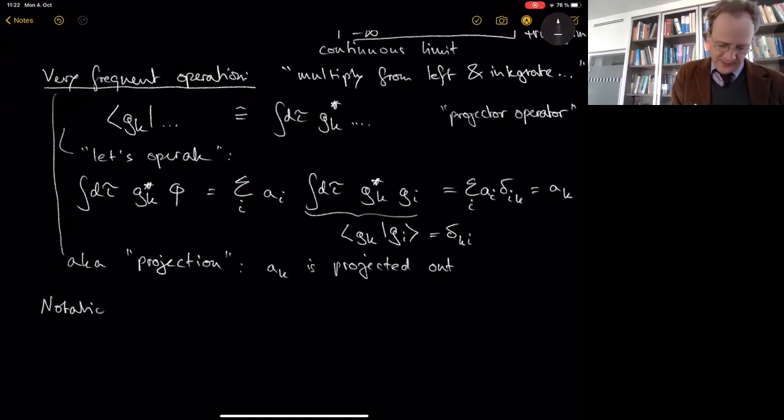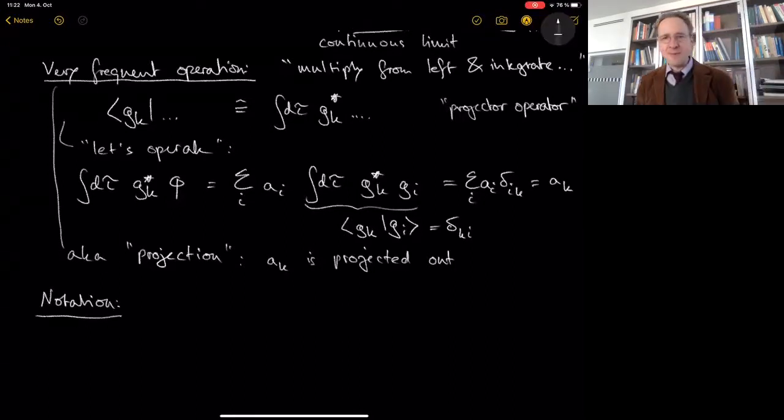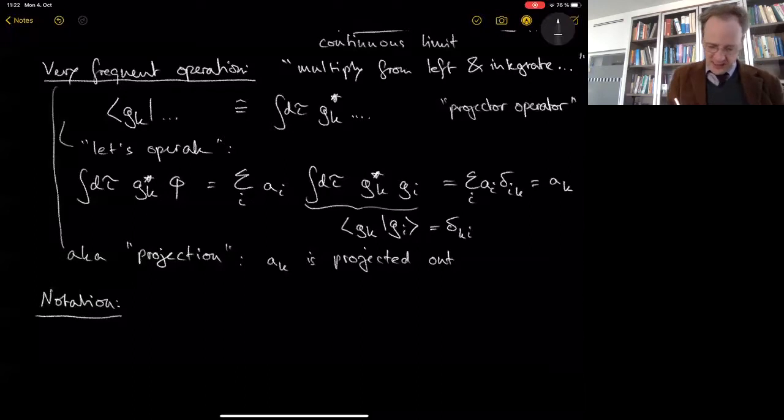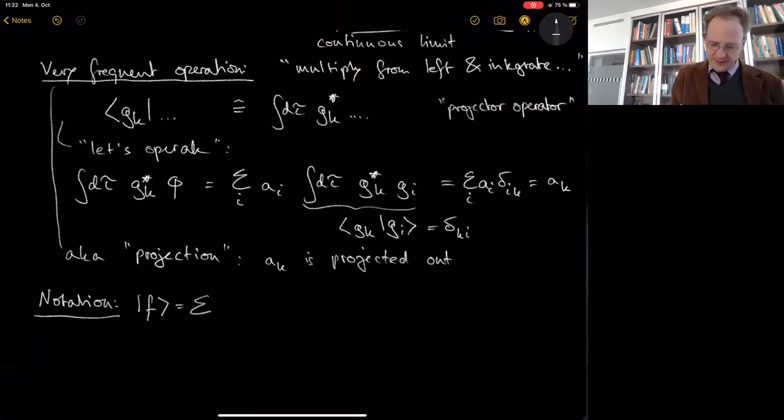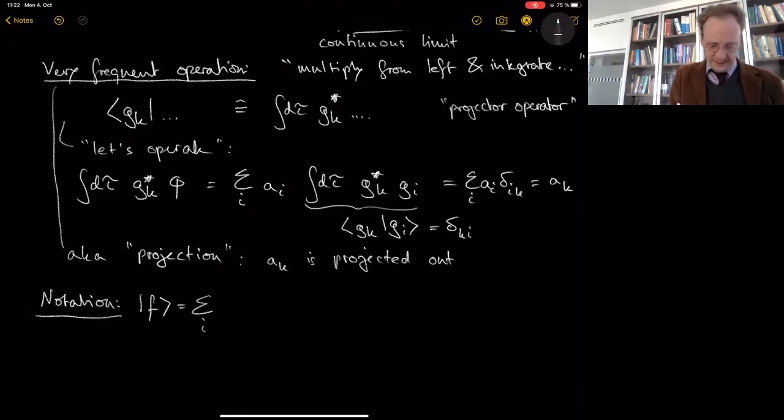Just to clarify, sometimes it can happen that you encounter this kind of expression, where you say, I have this function and it looks like this.